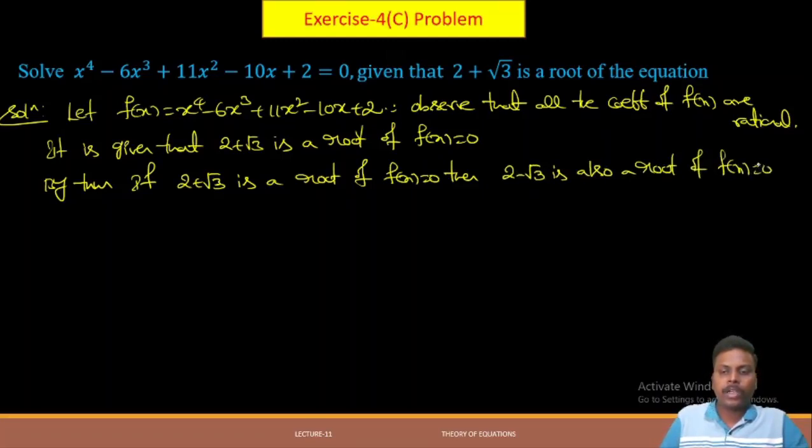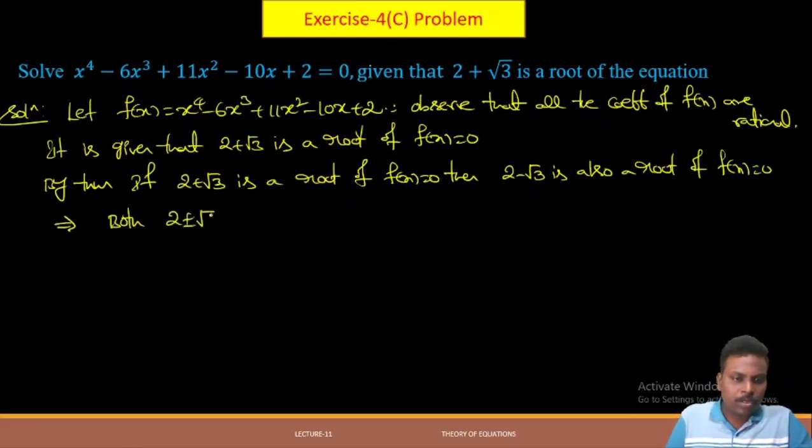We have studied this theorem in this lecture itself. So this implies both 2 plus or minus root 3 are roots of f of x is equal to 0.